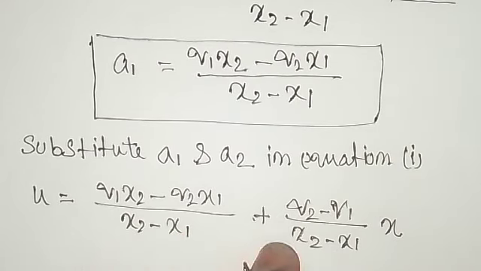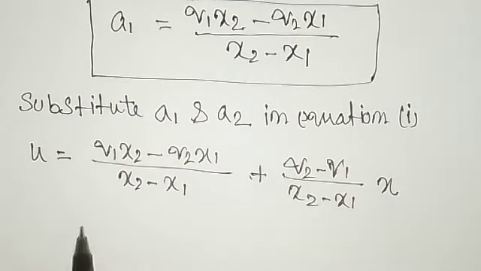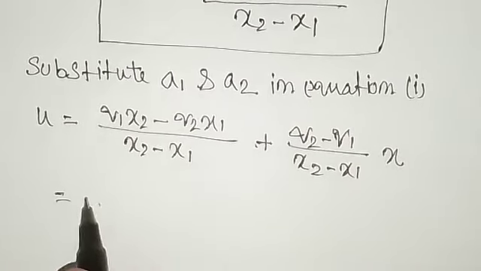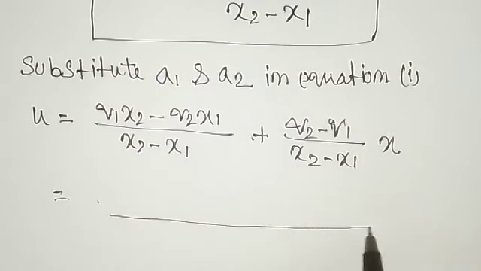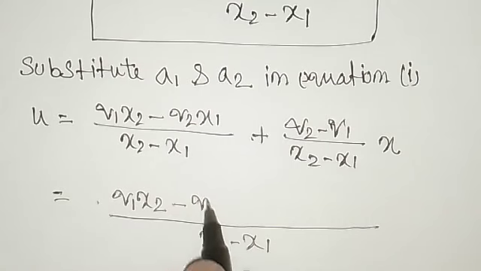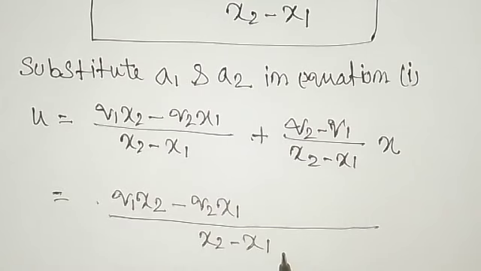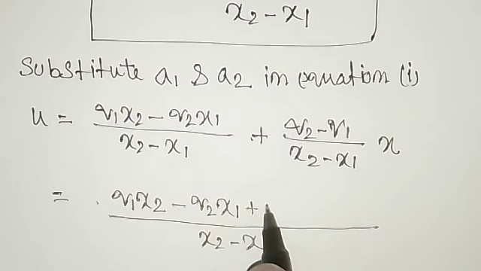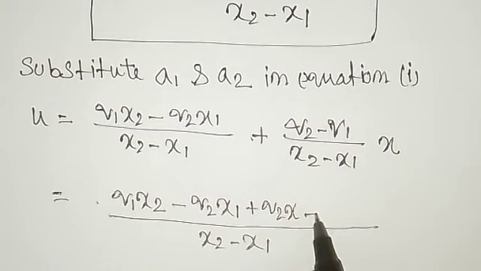This is a1 plus a2x, the equation you consider, right? Now you can simplify this, so it will become like this: x2 minus x1 in the denominator, and q1 x2 minus q2 x1, all right, plus q2x minus q1x.